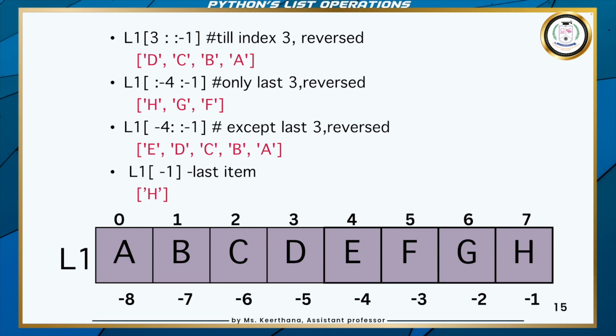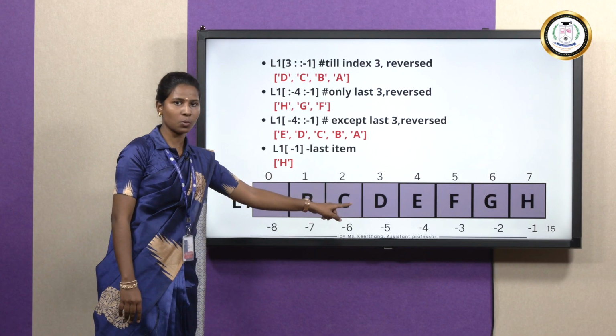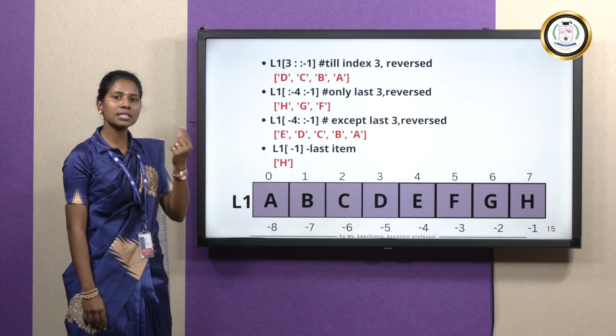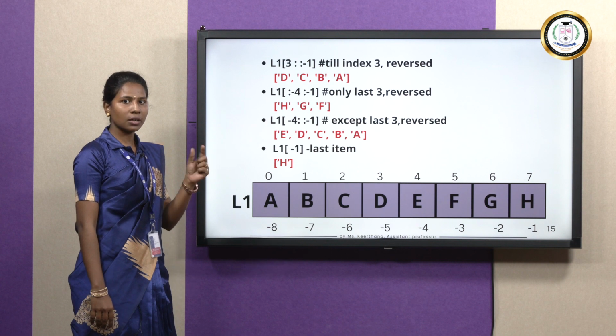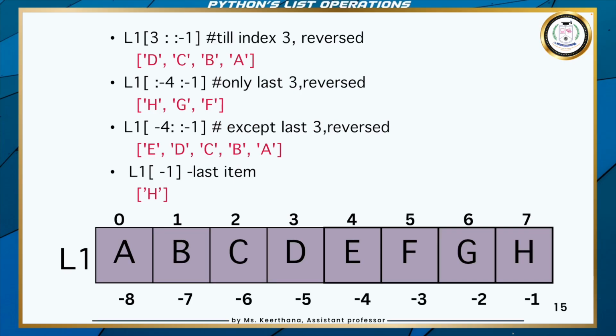These are the other ways of reversing the list using the slicing syntax. Say for example, I want A, B, C, D in the reverse order. D is the last element I want to start with, so 3 is the index. I am going to reverse my list only from 3. So I am just going to mention L1 and the starting index is 3. At last I am going to give my step value as -1.